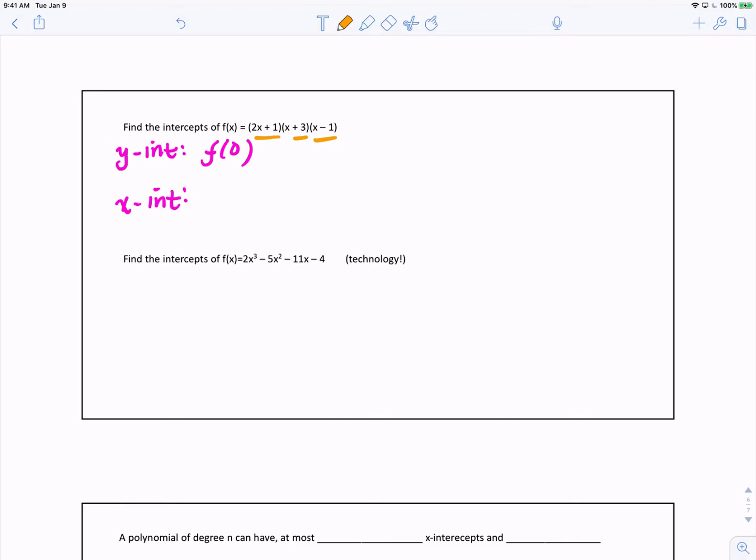Set them equal to 0 and solve, and so there's going to be 3 values for the x-intercepts. And then for the next one, you'll have to use technology and round your answers off, let's just say to 1 decimal place. Okay, so you might need to pause and YouTube how to do that if you don't remember, but why don't you give both of those a try.